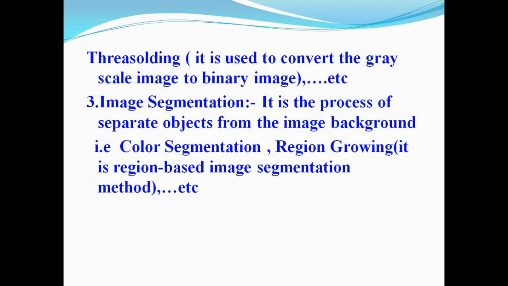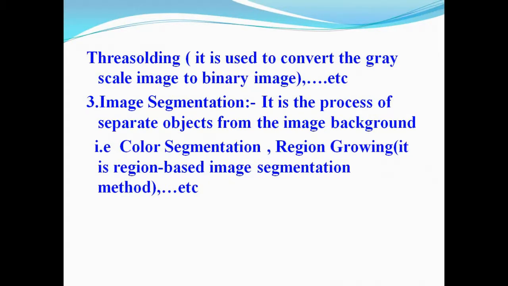Reading the image, then pre-processing. Then next is image segmentation. What is meant by image segmentation? A segment is nothing but a part, an image part or image location. It is a process of separating objects from the image background.